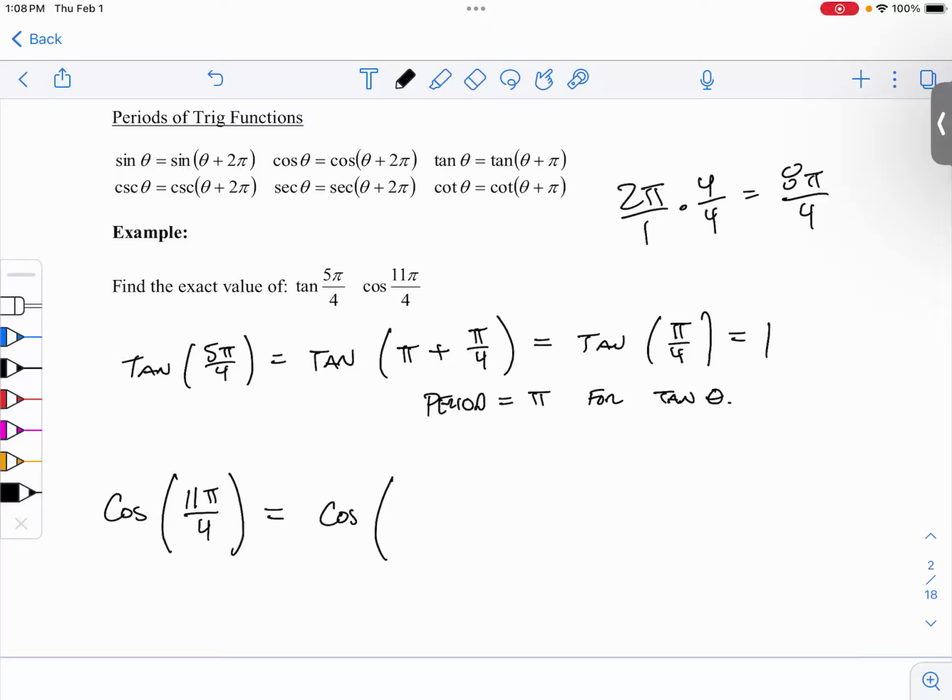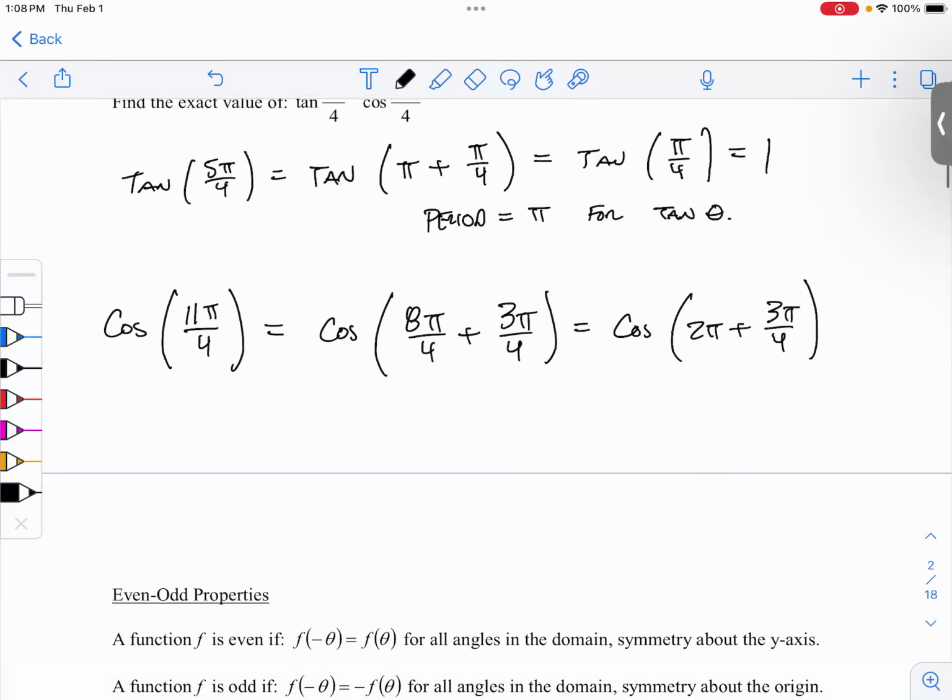And then I can pull it out. 8 pi over 4 plus 3 pi over 4, which is cosine of 2 pi plus 3 pi over 4. And since, again, periodic, this becomes cosine of 3 pi over 4.